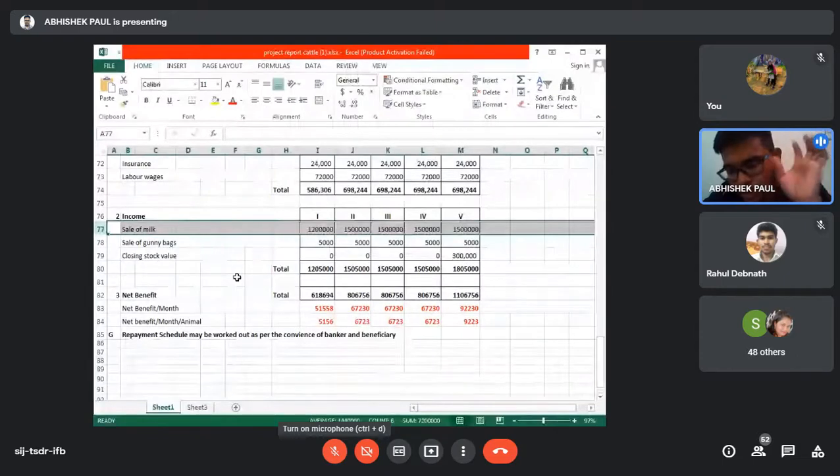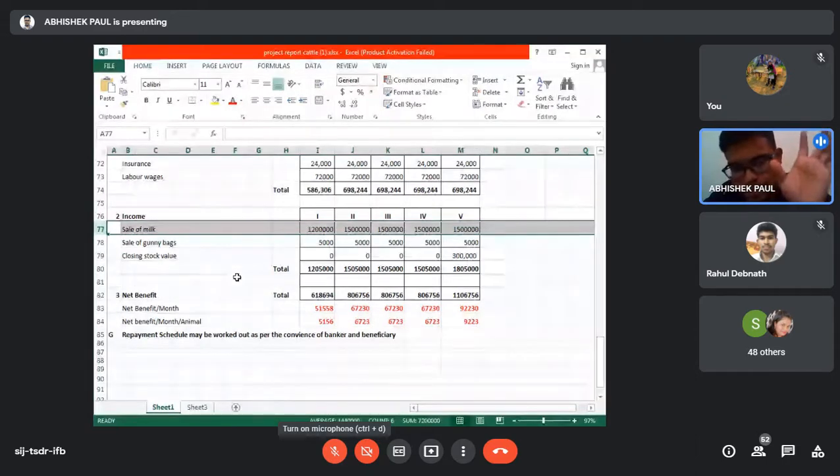So 120 into 25 into 365 comes to 12 lakh. This much amount you will get in the first year. Then like this you need to calculate how much you will get by selling milk in the second year, third year, up to the fifth year.